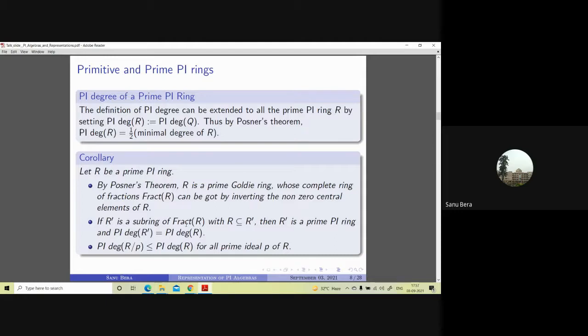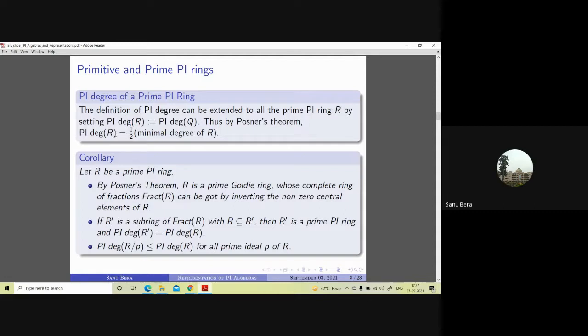If R is a prime PI ring, and we take any prime ideal P, then the PI degree of R mod P is less than or equal to the PI degree of R. Because if we see the definition of PI degree in terms of minimal degree, the minimal degree of R mod P is less than or equal to the minimal degree of R, so the PI degree will be less than or equal.